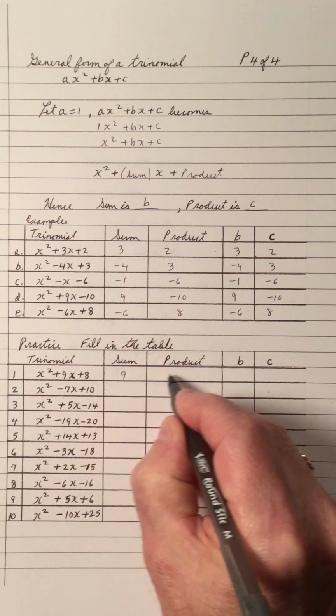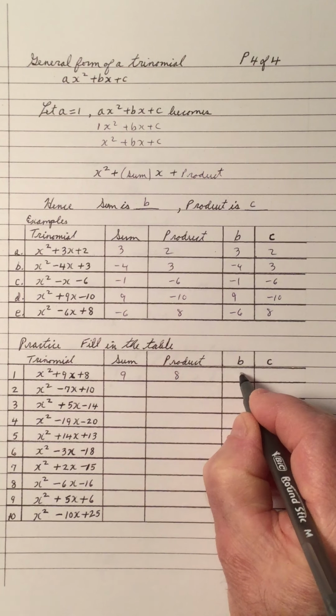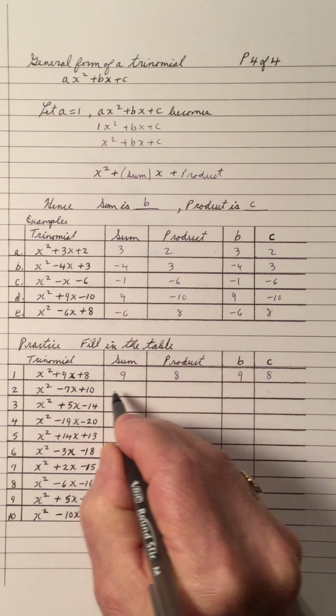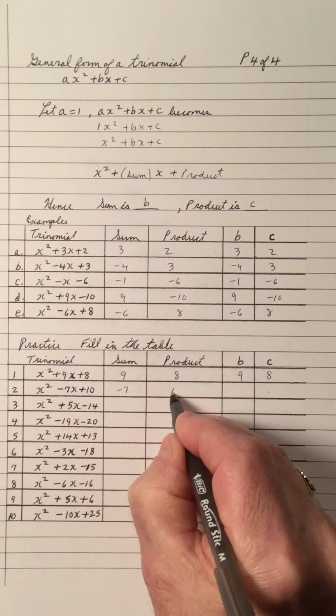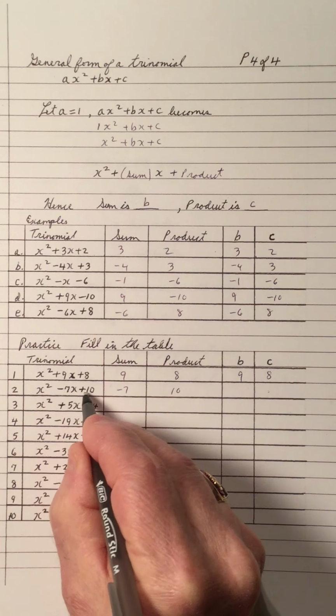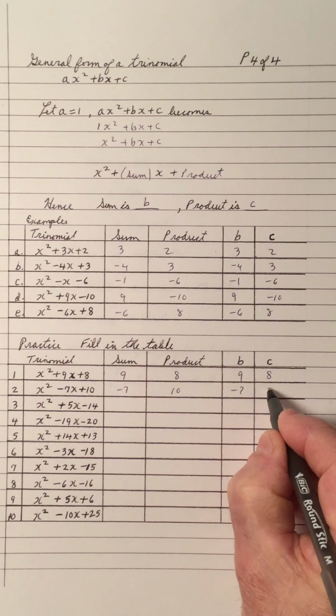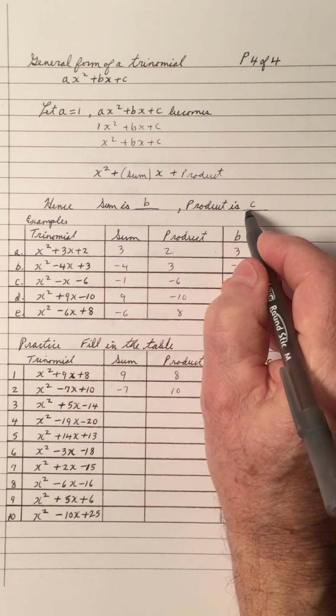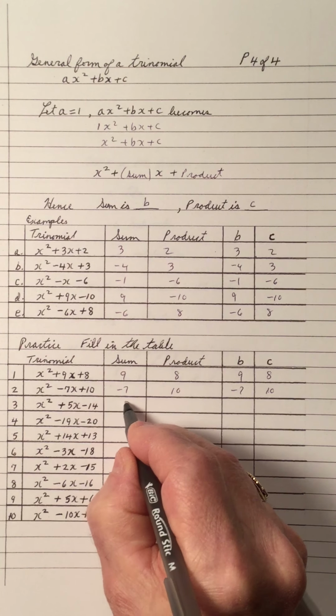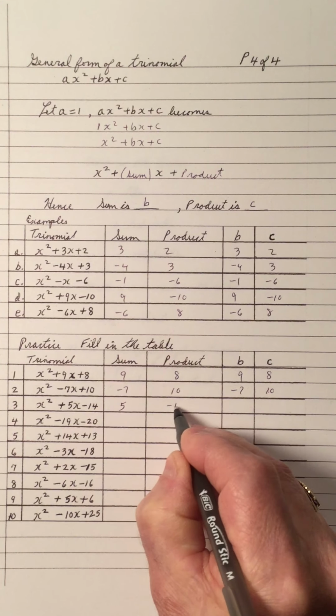Sum is 9, product is 8. So that's a 9 and an 8. Sum is negative 7, product is 10. So B and C, negative 7 and 10. B is the sum, C is for the product. So that's a 5 and a negative 14.